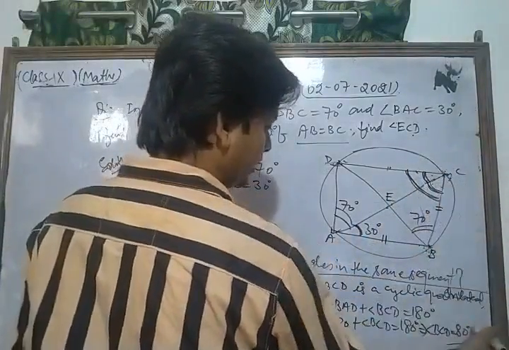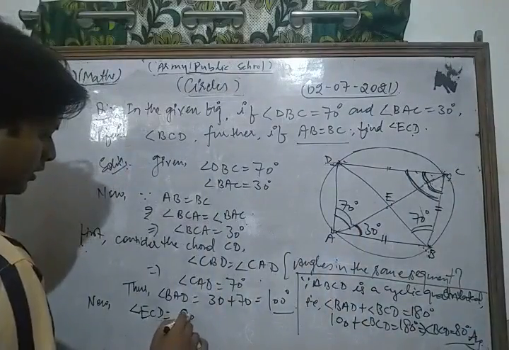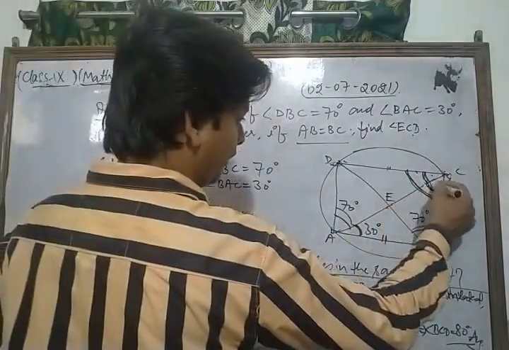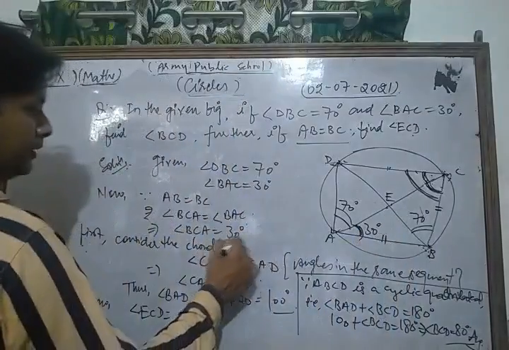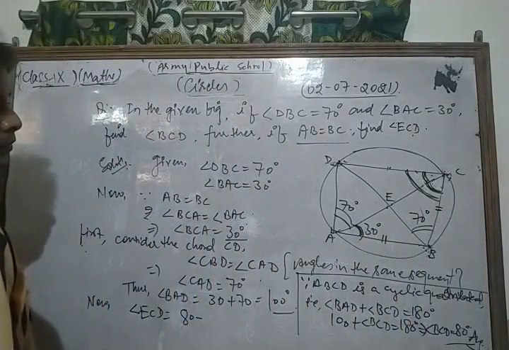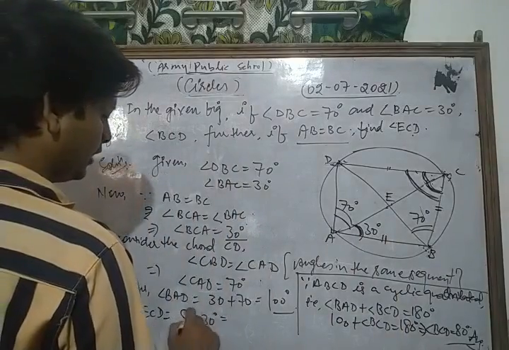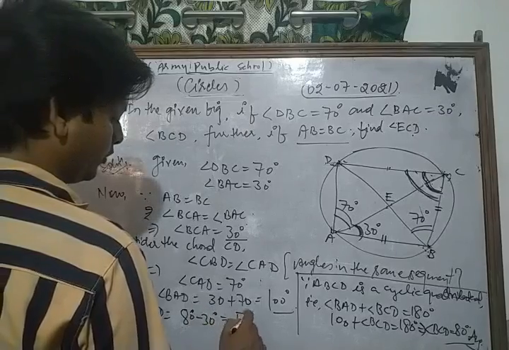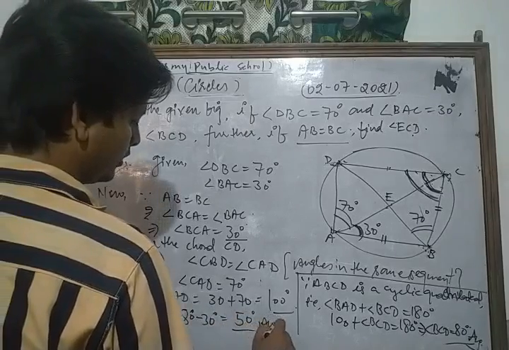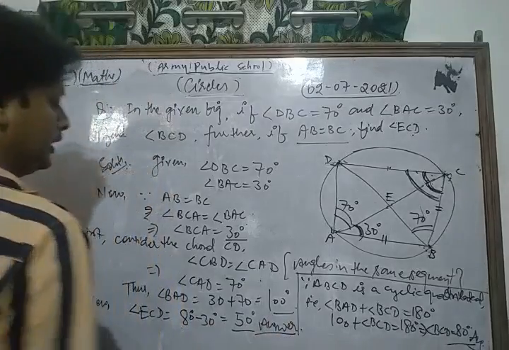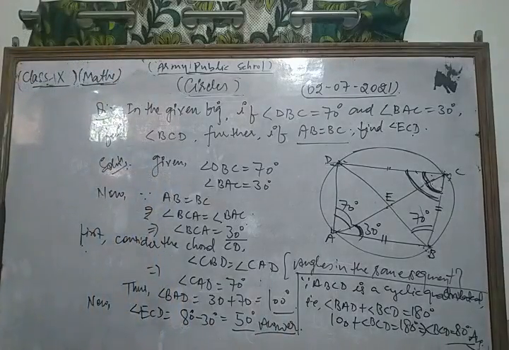The whole angle is 80 degrees, minus angle BCA, which is 30 degrees. So 80 minus 30, we get 50 degrees. This is the required solution of the given question.